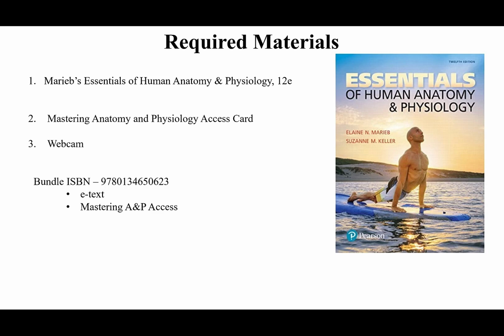For this class, you will need 3 things: a textbook and mastering access card and a webcam. This is the textbook that you will need. This textbook here. Mainly, this textbook is for your reference.